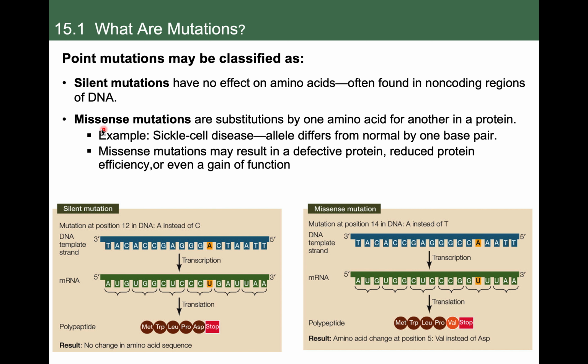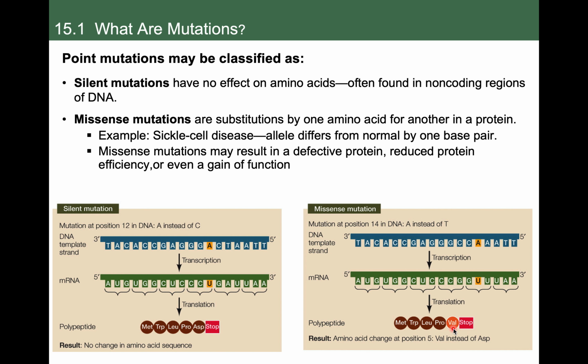Then you could have what are called missense point mutations, and this would be a mutation that does change one amino acid in that protein. Here you can see we've changed this codon in the gene and in the messenger RNA, and now that codon actually codes for a different amino acid.